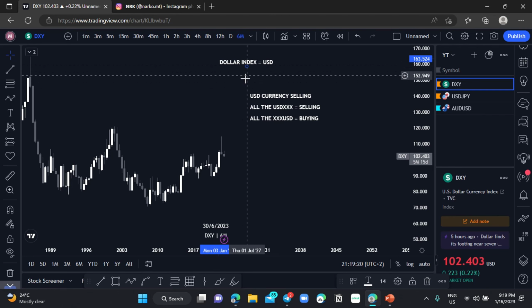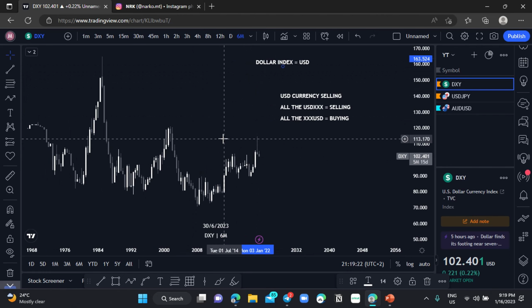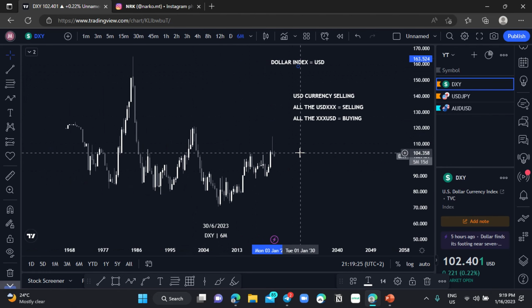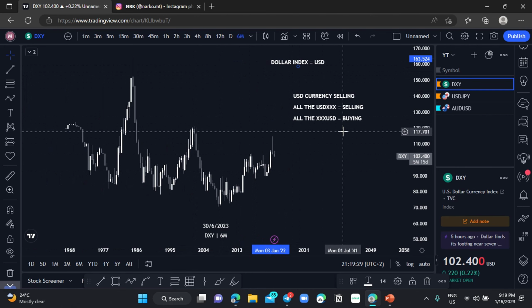So whenever the dollar index is selling, the pairs that start with USD on the left side are selling too, and the pairs that end with USD on the right side will be buying.